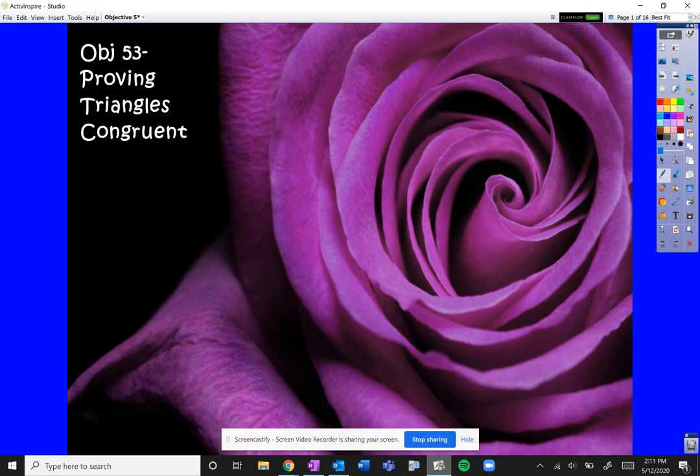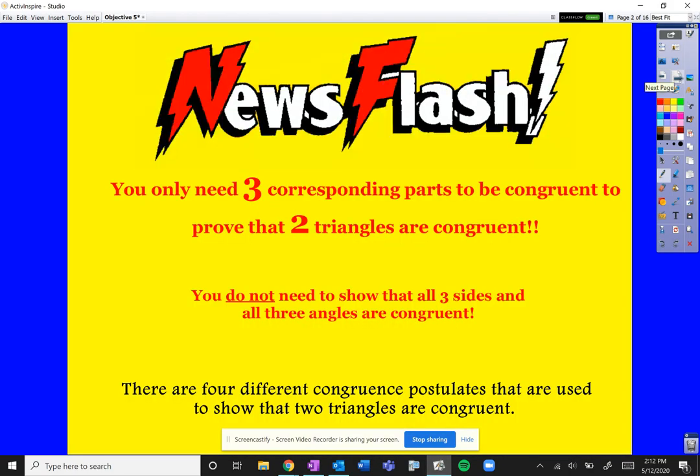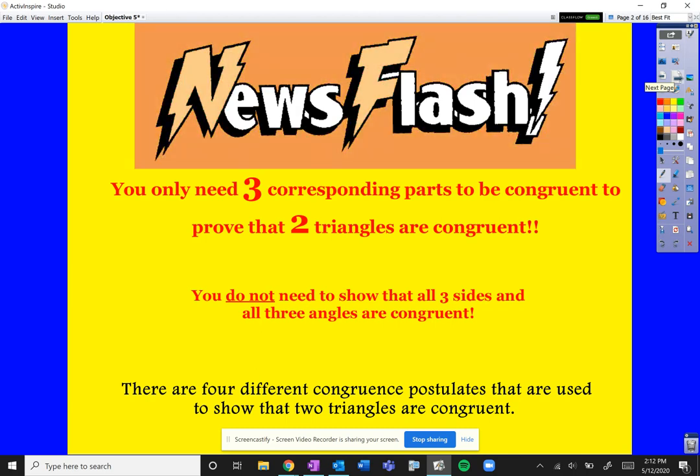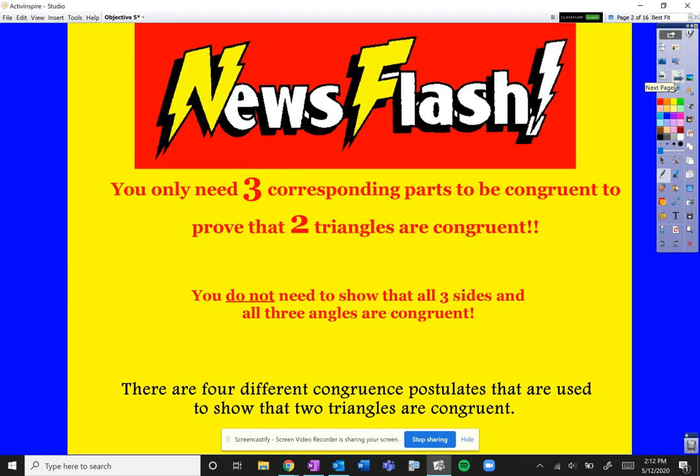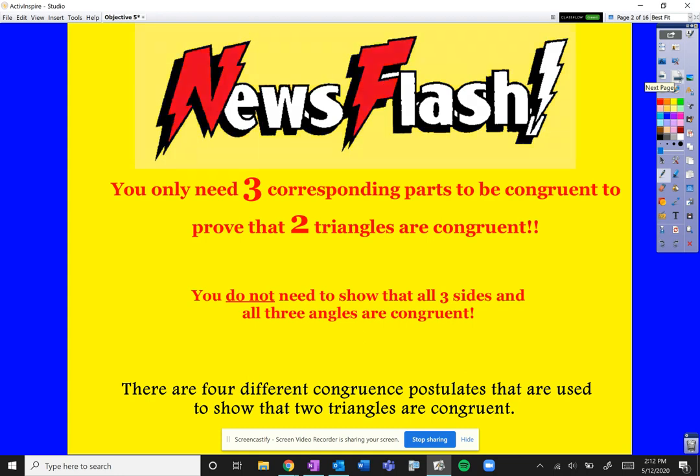But the question is, what information do we need? And what information can we show that actually proves that triangles are congruent? And here's the kicker. You actually only need 3 corresponding parts to be congruent in order to prove that two triangles are congruent.